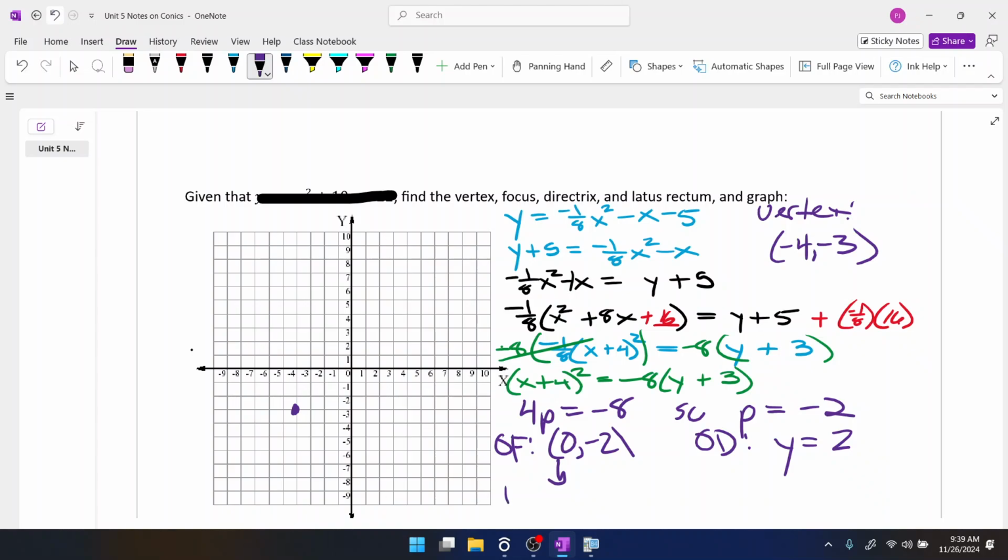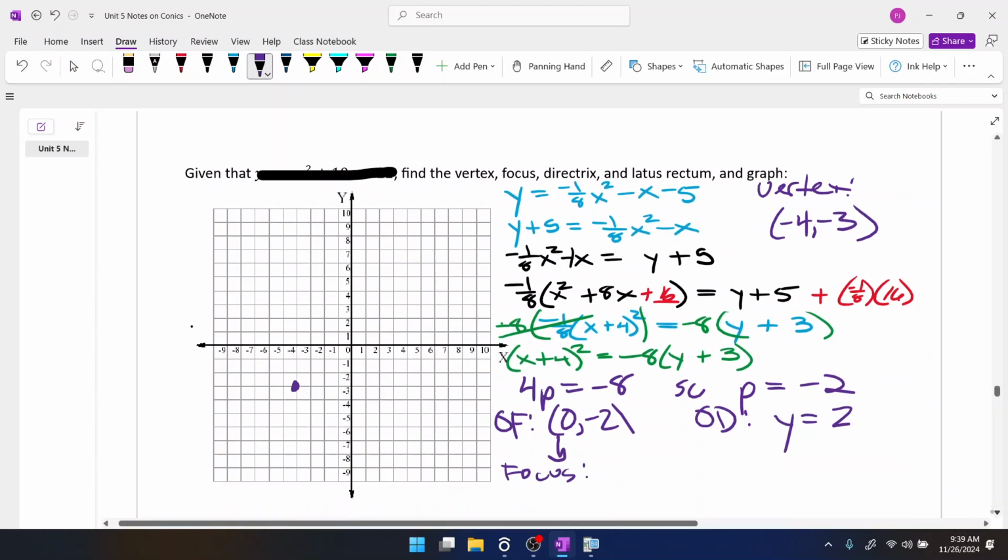So the new focus is going to be located at negative 4, negative 5. Excellent. And our new directrix will be y equals.